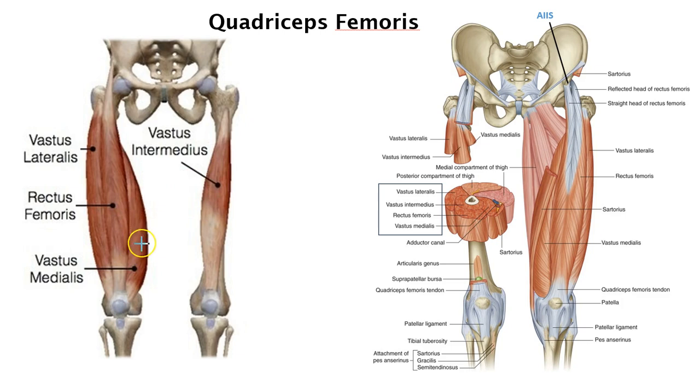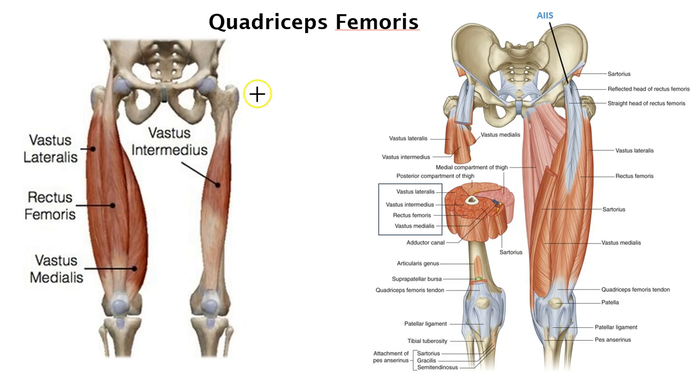Again, here we have the medialis, the lateralis, and then the intermedius. All 3 vastus muscles originate from the femur and then extend down, contribute again to this common quadriceps tendon through the patella, through the patellar ligament, and into this tibial tuberosity.